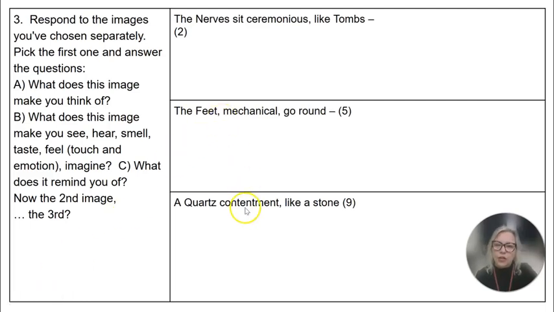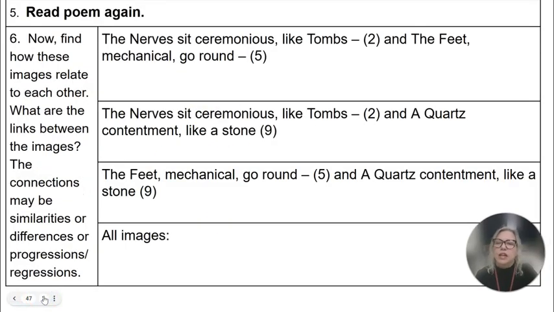So you do that for all three, and then you move on and you look at how the images connect with each other. So I'm going to take this image, the ceremonies like tombs, and the feet mechanical go round, and I'm going to look at how those two relate to each other. What are the links between the images? What connections maybe? Similarities or differences, progressions, regressions.